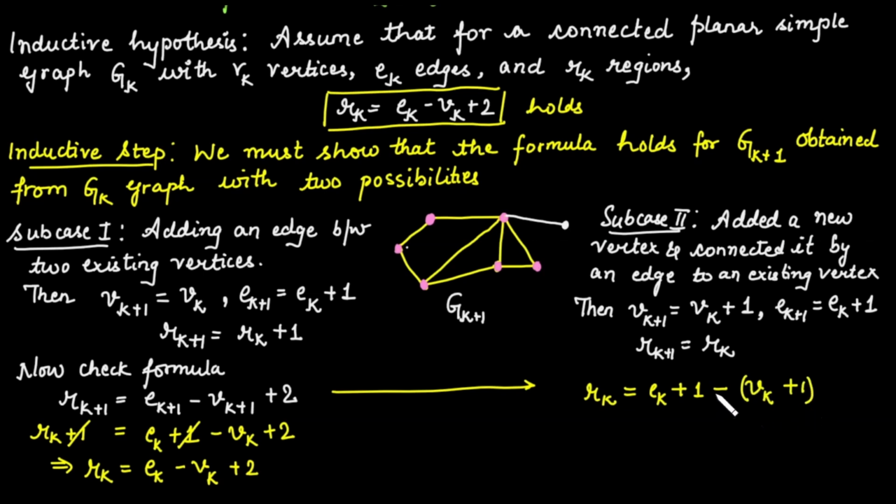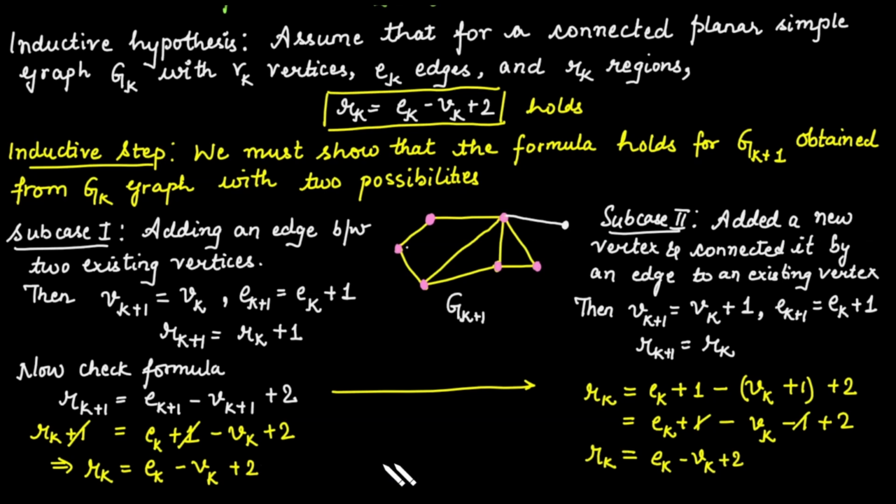Put it into the bracket form because we have the negative sign here, plus 2. This is equal to number of edges in a GK graph plus 1 minus number of vertices in a GK graph minus 1 plus 2. Minus 1 plus 1 get cancelled. Finally, we have this form.